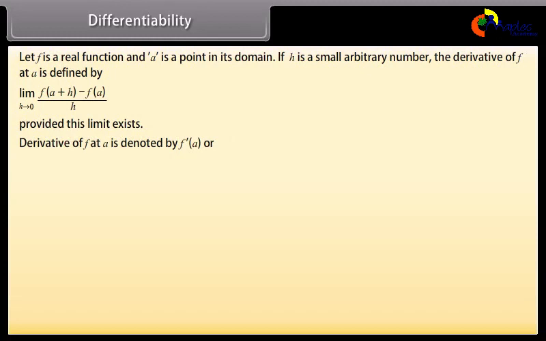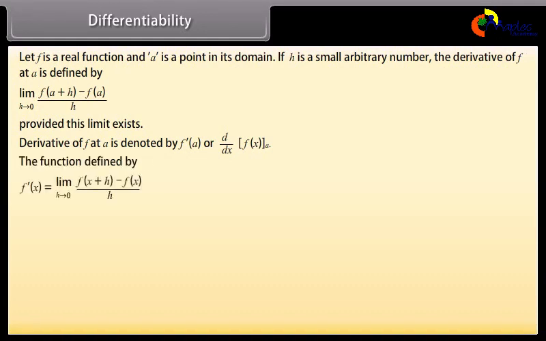The derivative of f at a is denoted by f′(a) or d/dx of f(x) at x = a. The function defined by f′(x) = limit as h approaches 0 of (f(x + h) − f(x))/h.